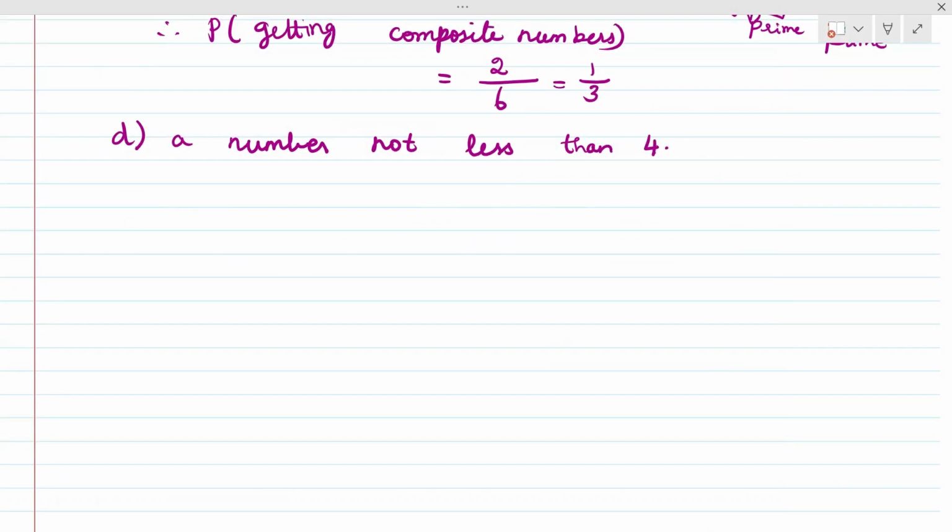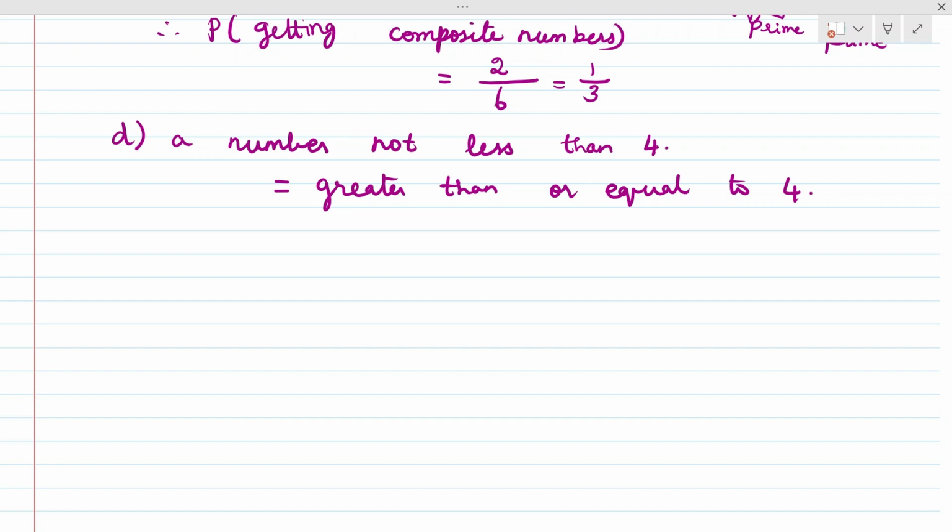The fourth one is a number not less than 4. A number not less than 4 is equal to greater than or equal to 4. That is the meaning. It is not less than 4 means it is greater than 4 and equal to 4 also. Equal to 4 is also not less, right?